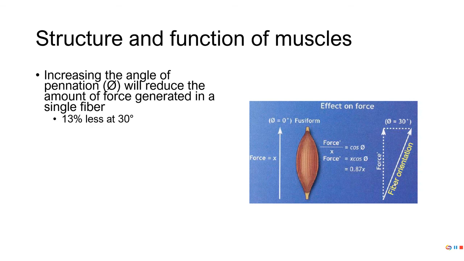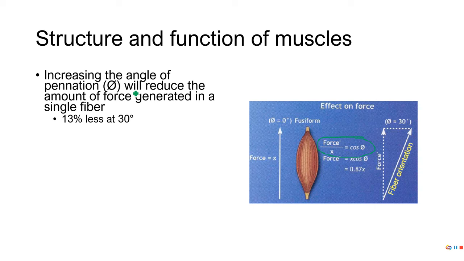We've got this formula over here, and don't worry, I'm not going to ever have you use that or anything like that. But what I want you to remember is that if we increase the angle of pennation, that's going to reduce the amount of force a muscle fiber can generate.